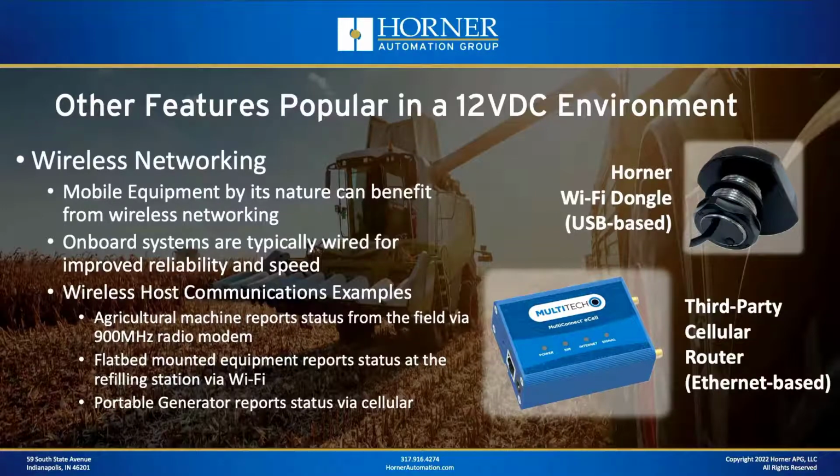Maybe you've got another piece of equipment that needs to communicate with a refilling or refueling station of some sort, and it's going to be pulling up to the station and then pulling away again. It might want to use Wi-Fi or 900 megahertz wirelessly in that scenario. And then maybe you've got a portable generator that can move around, and you may want it to be reporting its status via cellular, for instance.